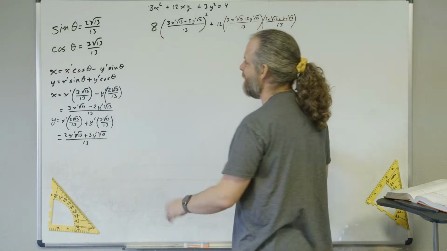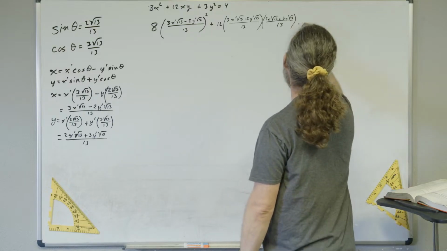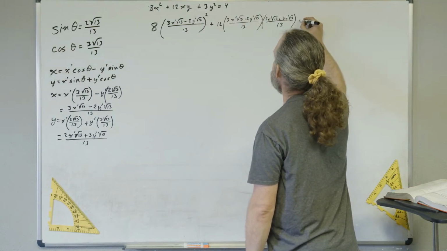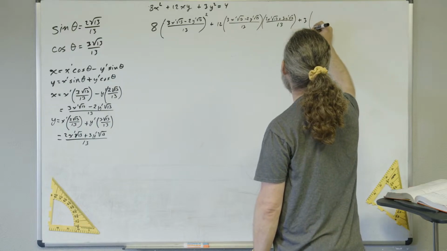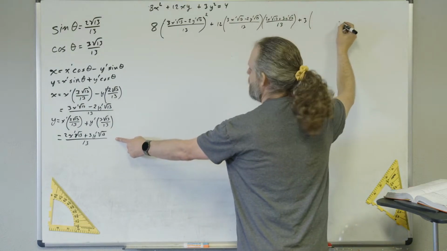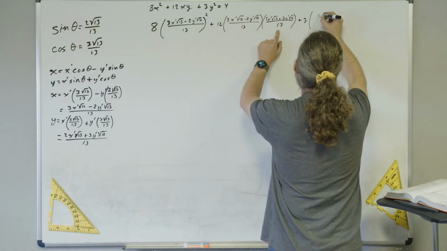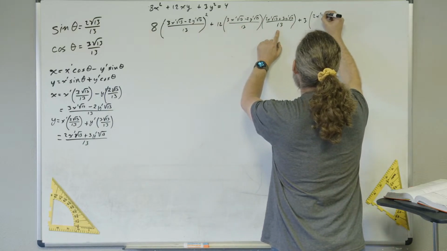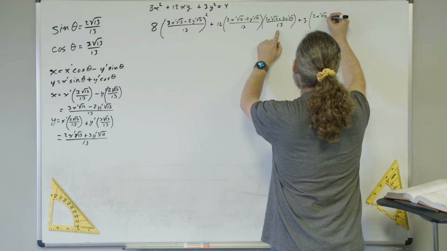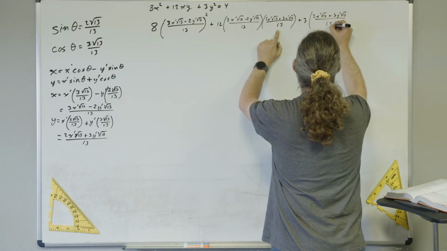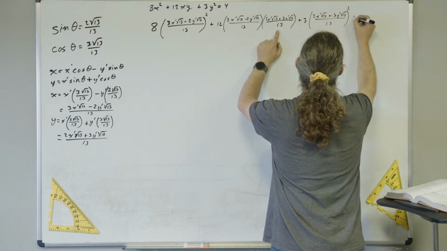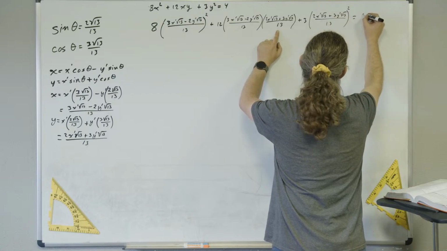Doing small things like that can help you make fewer mistakes. Plus 3 times this one, 2x prime square root of 13 plus 3y prime square root of 13 over 13 squared, and that all equals 4.